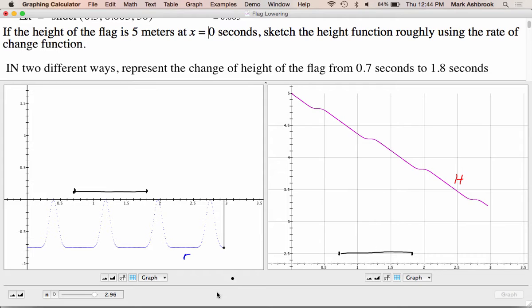Here's a hint. One of those expressions will involve the function r. The other expression will involve the function h. But both of them will represent exactly the change in height of the flag from 0.7 to 1.8, this interval of time right here. Go, see how you do.